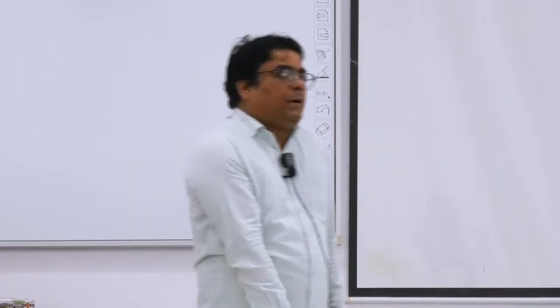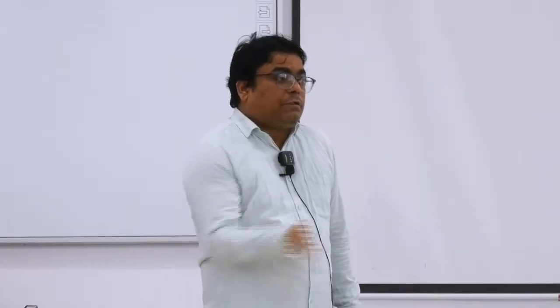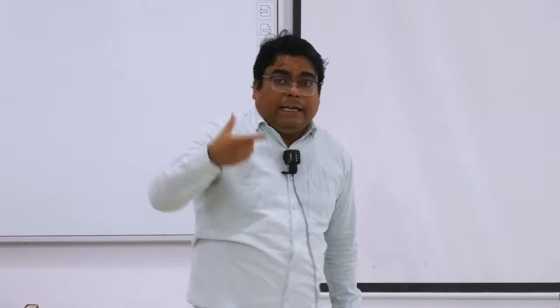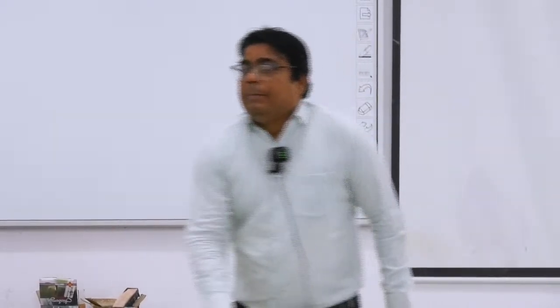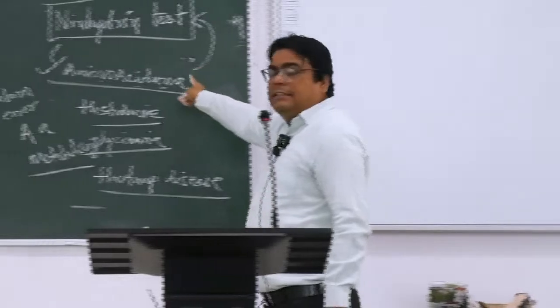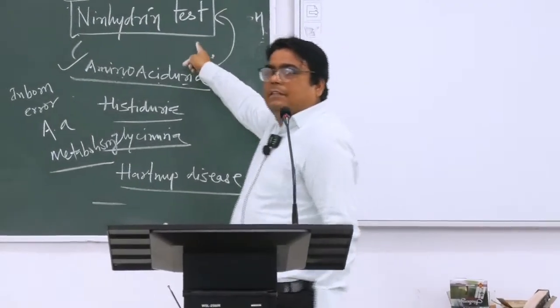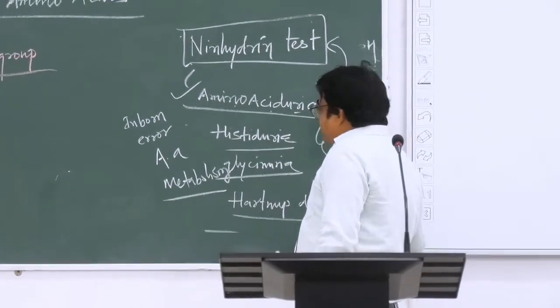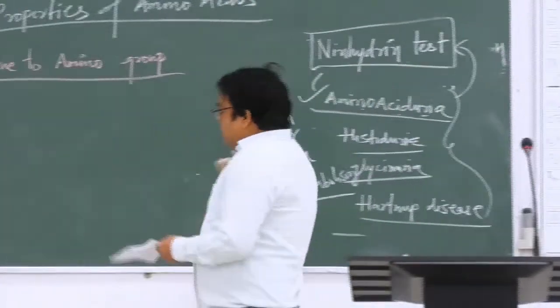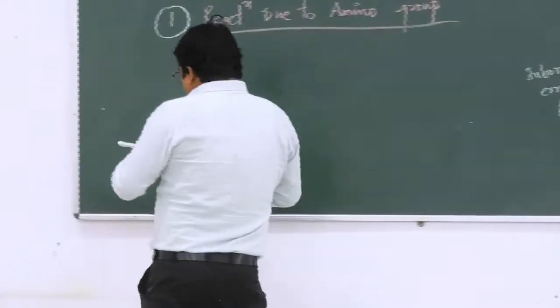If there is a deficiency of a particular enzyme, what happens? The substrate accumulates, and in our body, if substrate accumulates, we excrete it in urine. To identify this inborn condition, this disease condition, we perform a test called the ninhydrin test. It is the commonest test, due to the presence of the NH2 group, and we identify all these conditions. So this is one of the tests.